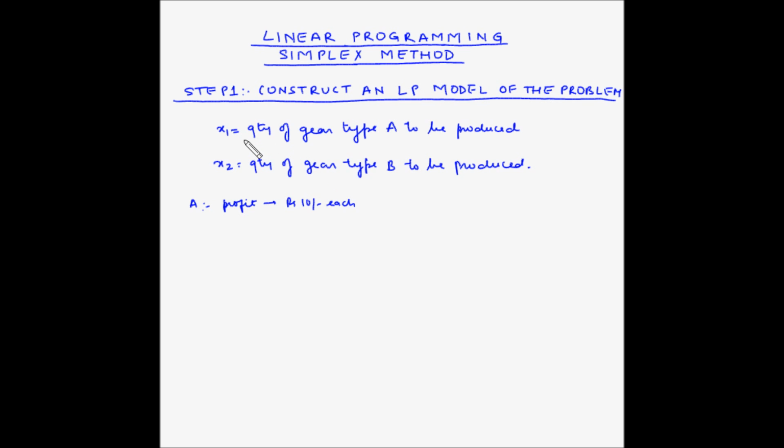Now, if the quantity of type A gears is x1 and each of type A gear generates a profit of rupees 10, then how much will be the total profit generated by x1 quantity? So we can use cross multiplication here.